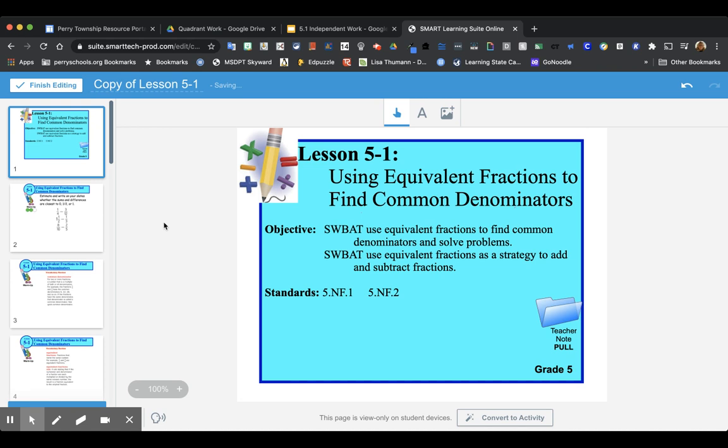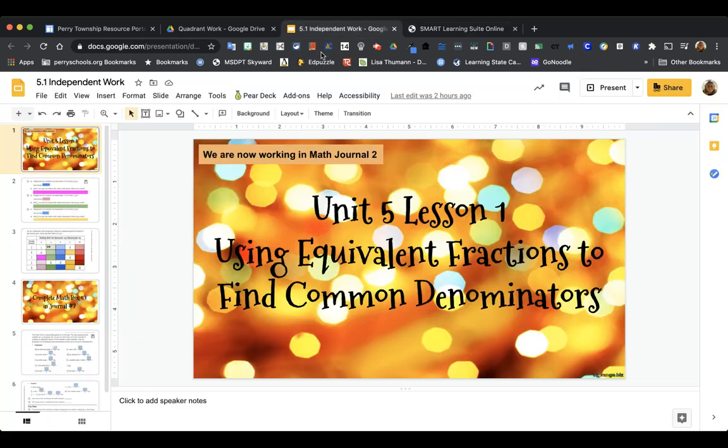So that is the end of lesson 1 of unit 5. Again, we were using equivalent fractions to find common denominators. That was allowing us to find common denominators and solve problems and use equivalent fractions as a strategy to add and subtract fractions. Before we end this video, I'd like to go over your 5.1 independent work.